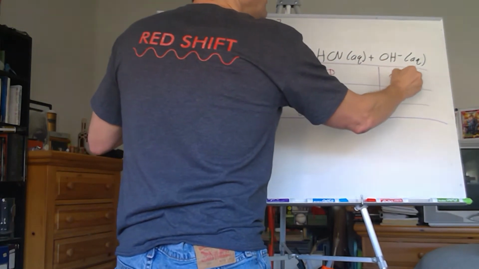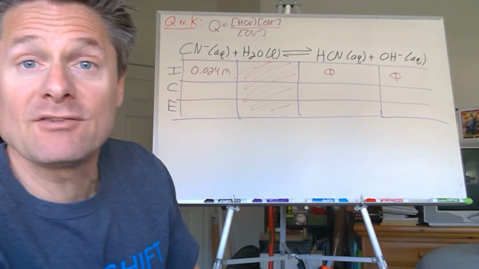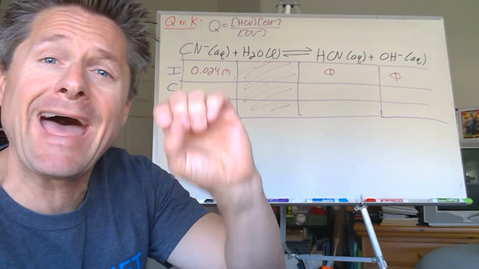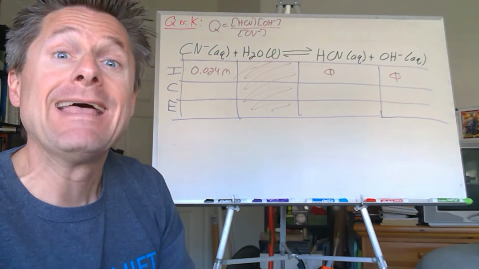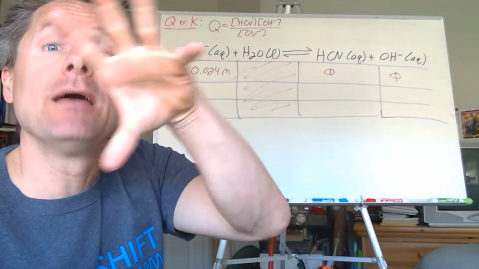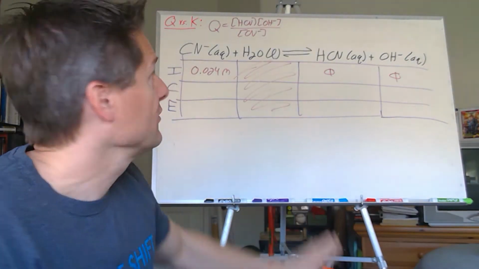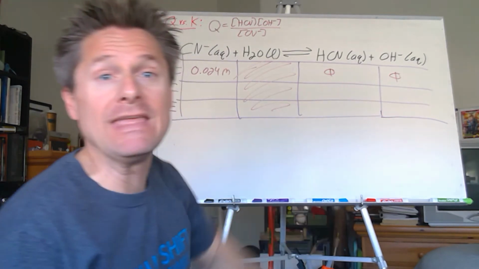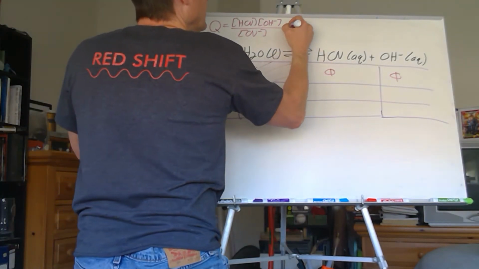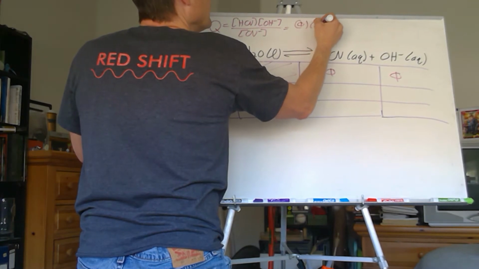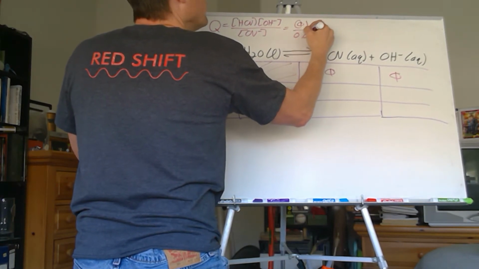Since we're starting with the CN minus, we have the potassium cyanide solution. That undergoes dissociation, forming the potassium ion and the cyanide ion. Then the cyanide ion ionizes in water. So we're starting with none of these products over here. We can plug those values in. So we're going to get 0 times 0 over 0.024.